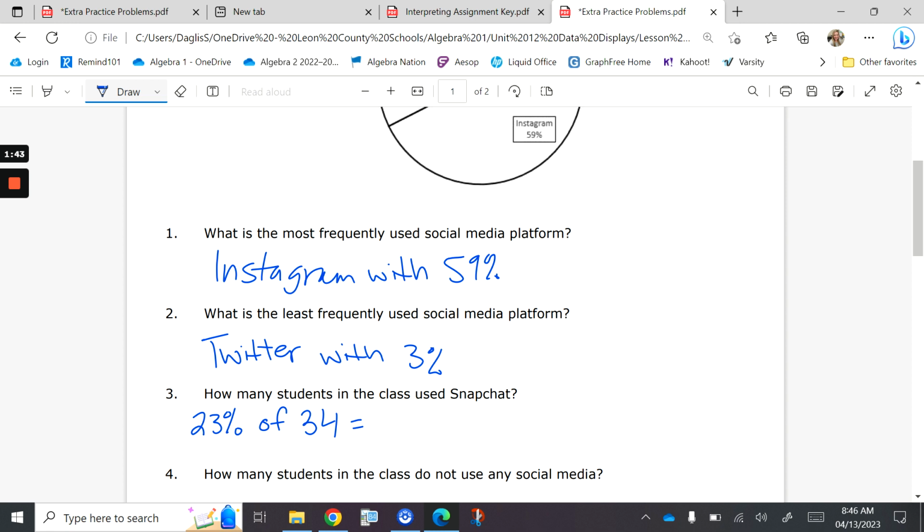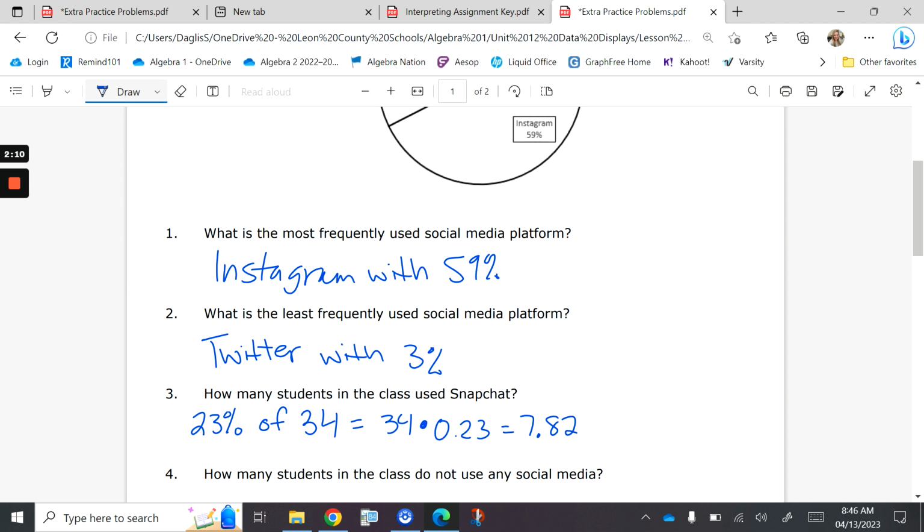We're going to multiply. We're going to do 34 times what? How do I say 23% in an equation? Good, 0.23. So 34 times 0.23 gives me 7.82. Am I going to say about 7.82 students? No, that does not make sense.